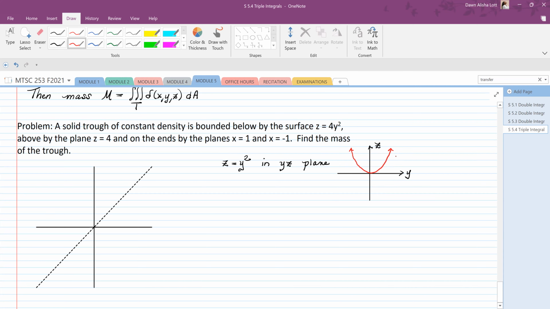The fact that it is in 3 dimensions and there's no bound on X means it's like a parabola, but it keeps going. So it's this trough. It's a thing that keeps going.